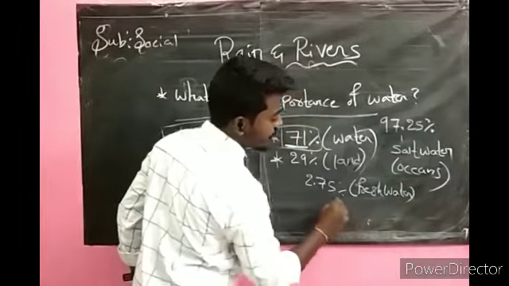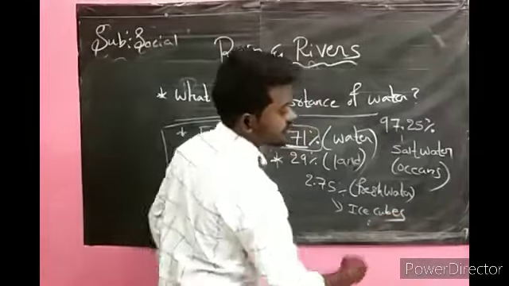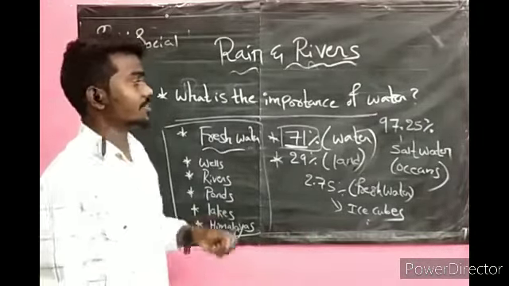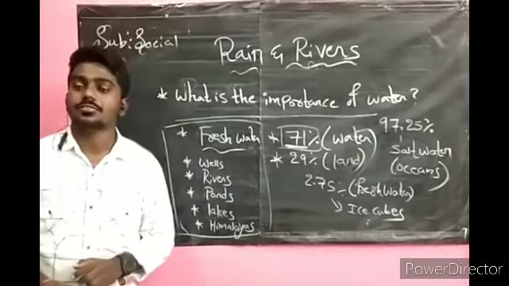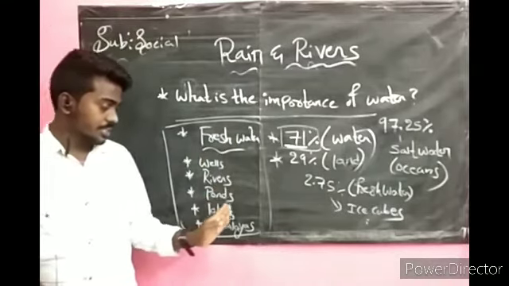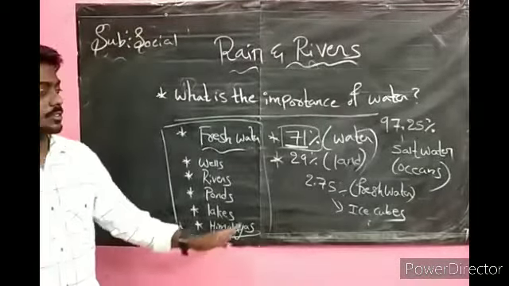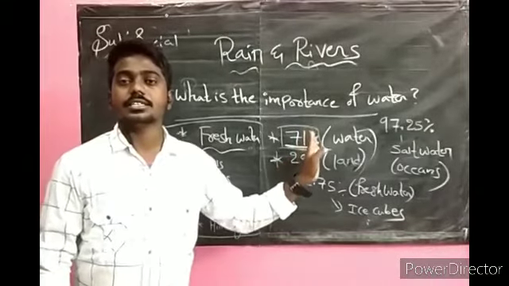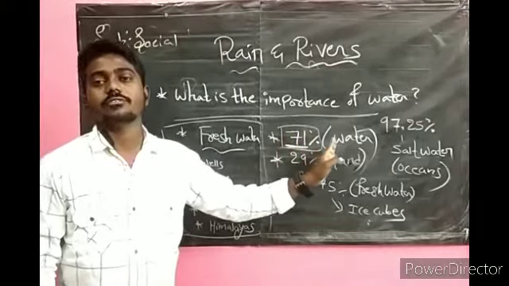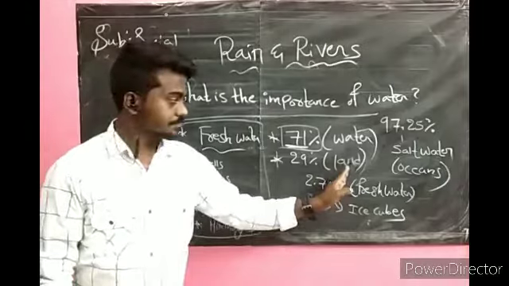This fresh water also is in the form of ice only. Okay, this is the introduction on the importance of water. We get fresh water from wells, rivers, ponds, lakes, and Himalayas. On our planet Earth, we have 71% water and 29% land.